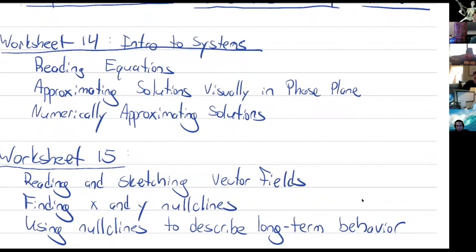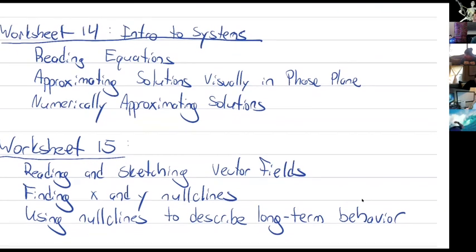So worksheet 14, that was our initial rabbit and fox problem, and it was just thinking about how we can read differential equations and identify what type of competitive or cooperative species we might have, how we can approximate solutions visually in the plane, and how we numerically approximated them from the formulas for dr/dt and ds/dt. So that worksheet was a big tour through all of the ideas that we went through in more detail in the future sheets.